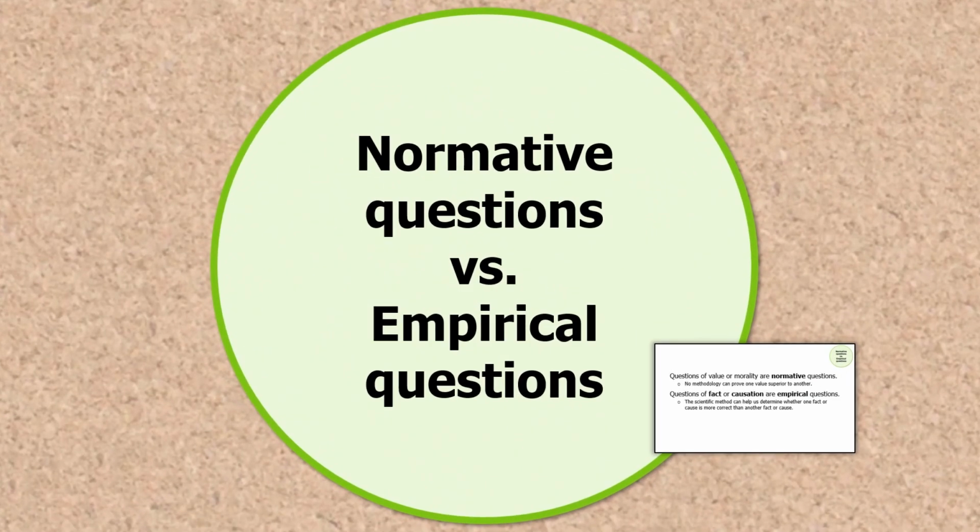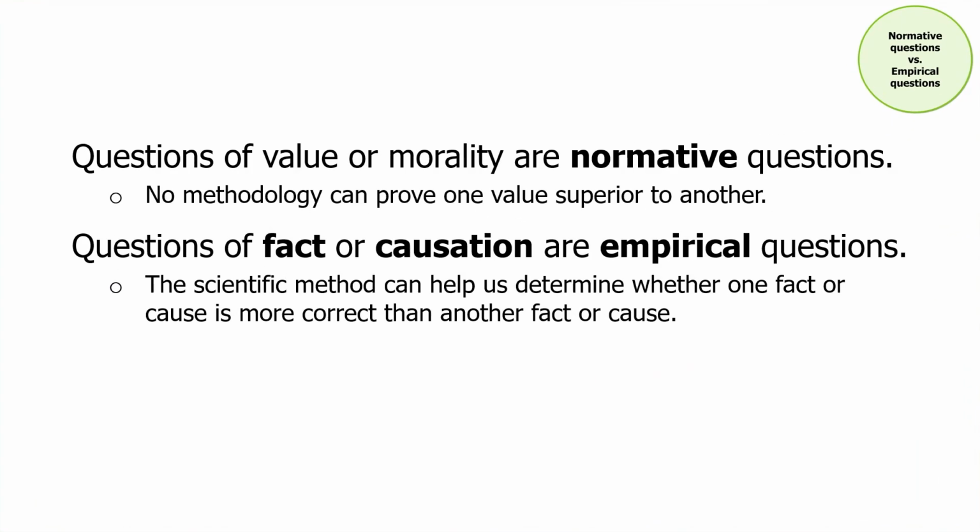You've probably heard this distinction before, and I'm just going to mention it here again briefly. You've heard the distinction between normative questions, what ought to be, and empirical questions of fact and causation, what is or what are the relationships. And once again, to reemphasize the point, no methodology can prove one value superior to another.